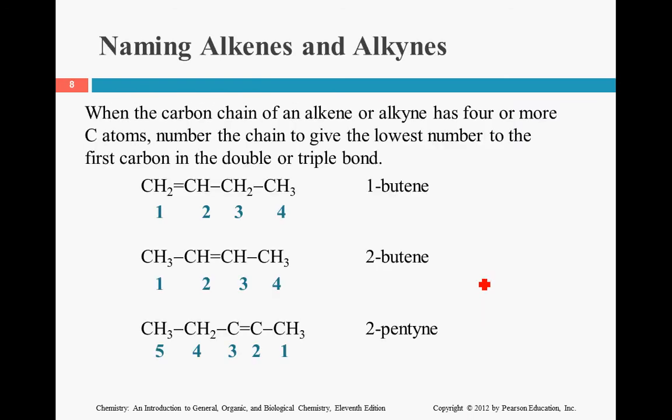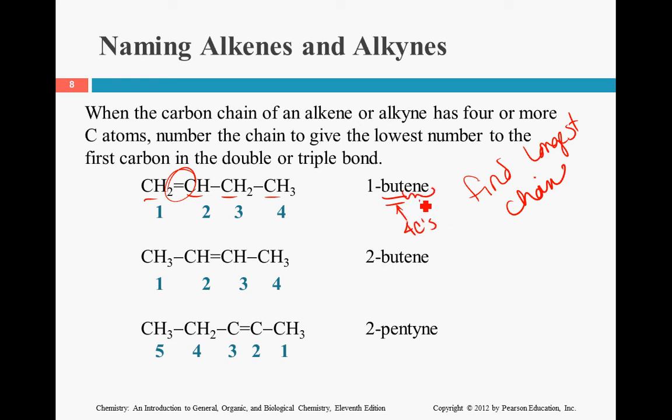Now, naming alkenes and alkynes are very similar to naming alkanes. You're still going to try to find the longest chain. But this time, you're going to want to find the longest chain that contains the double bond. For instance, we have 4 carbons here. So 4 is short for but. 4 carbons.